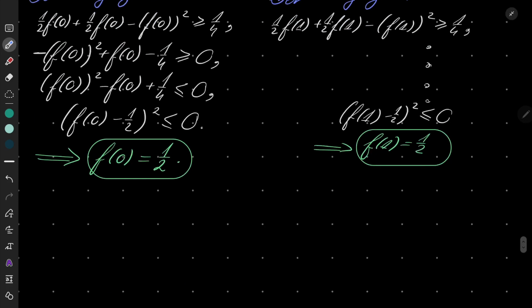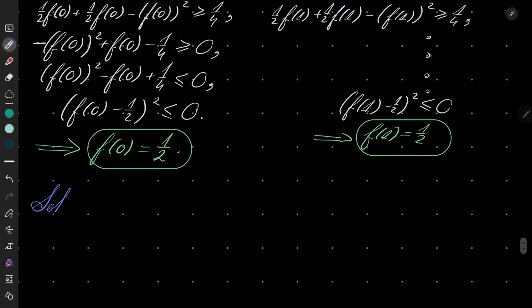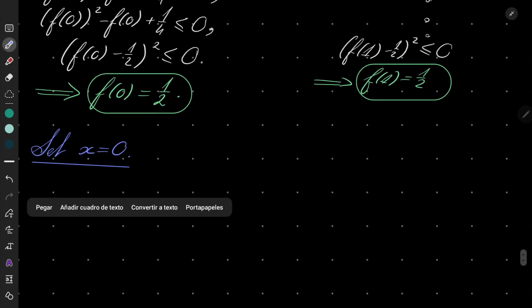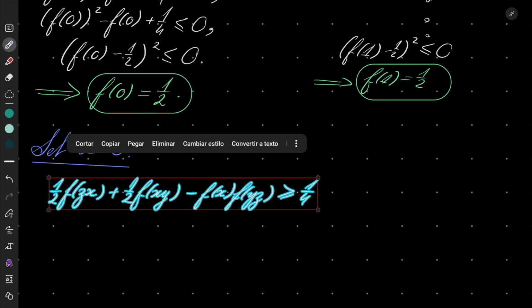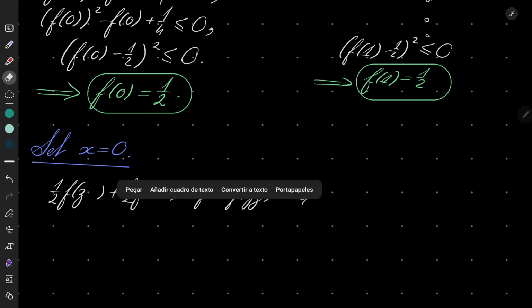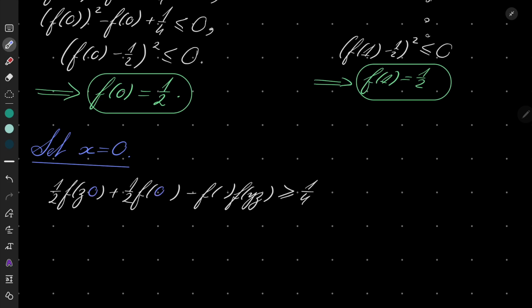Next round of setting some variables. Next, I wish to set just x to be 0. Well, here is my equation, and I will set just x to be 0. And I will have 0, 0, 0. It was y in here, okay?